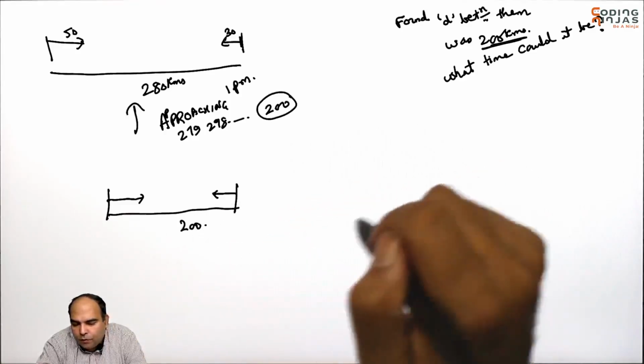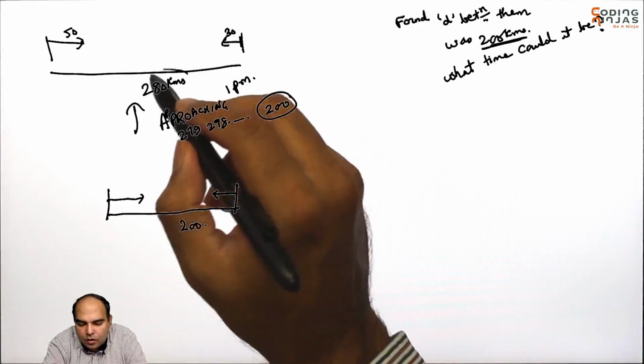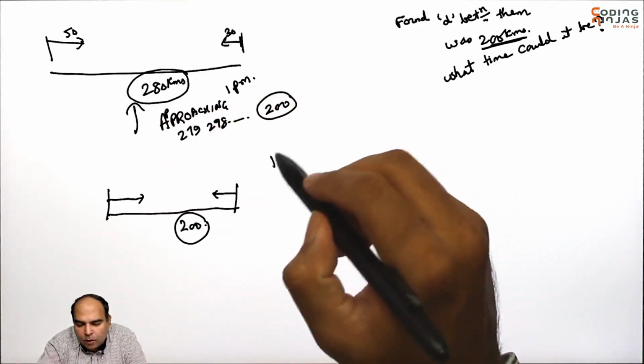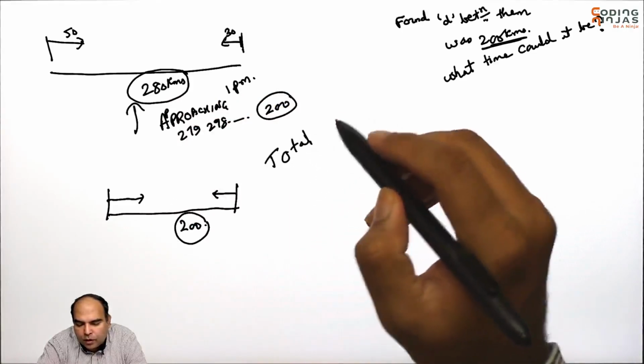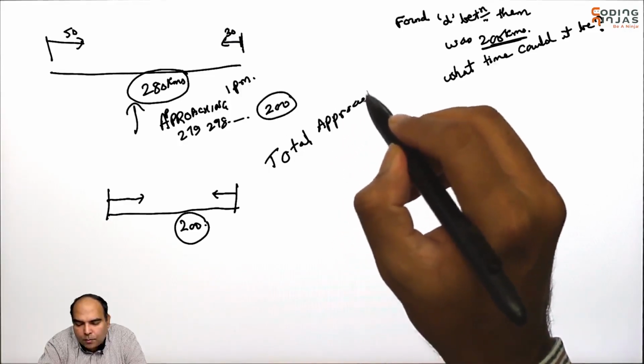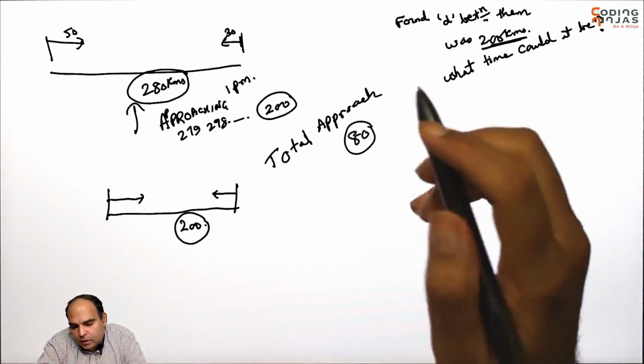If you want to find the time for this, you just have to see that the initial distance is 280 and now the distance is 200. So the total approach they must have done with respect to each other would be 80, because they have come closer by 80 kilometers.